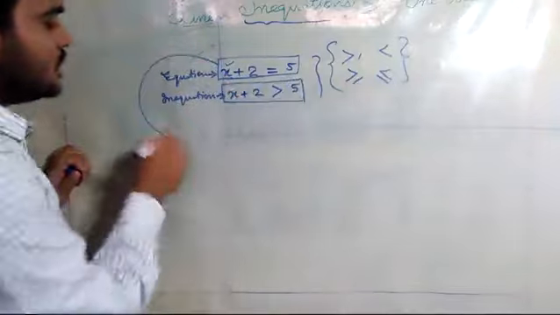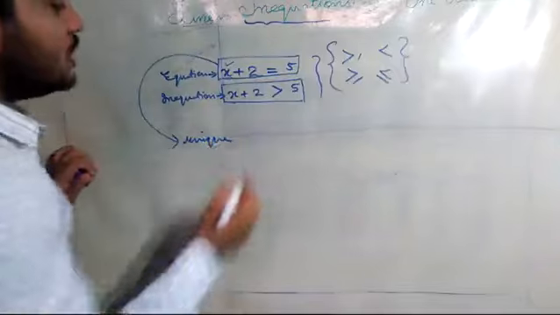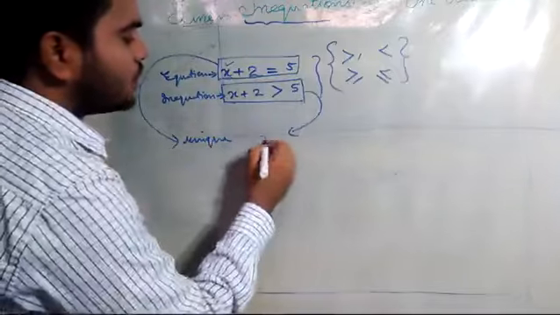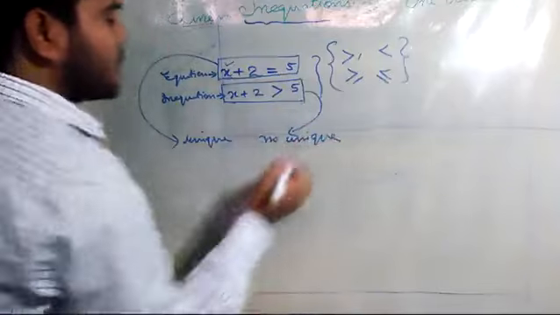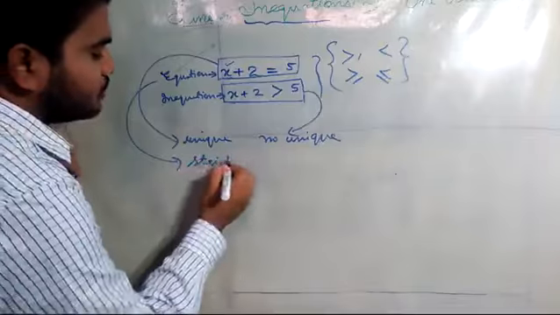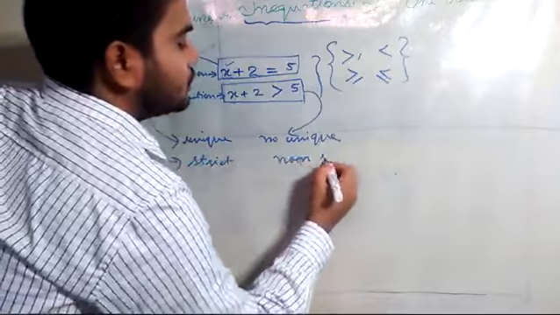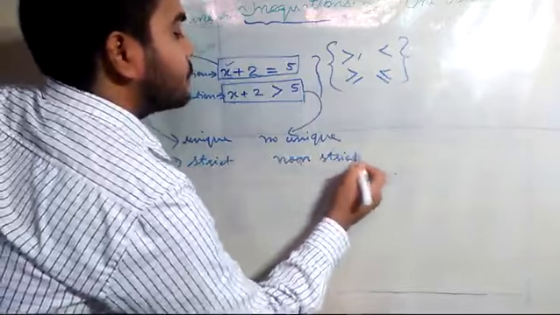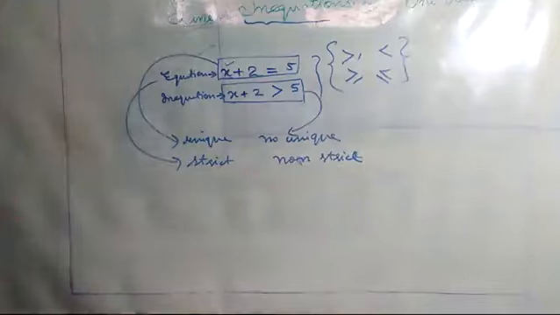Here the solution is unique; here the solution is not unique. Here the solution is strict; here it is non-strict. This is the basic difference between equation and inequation.